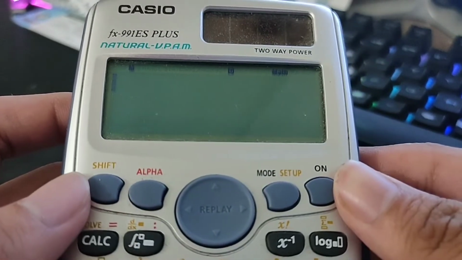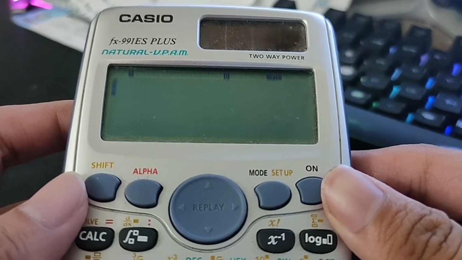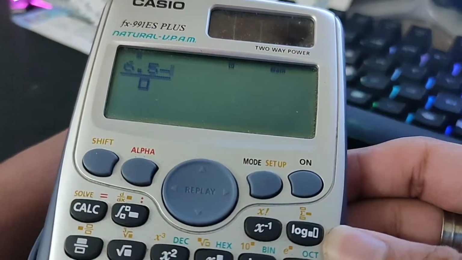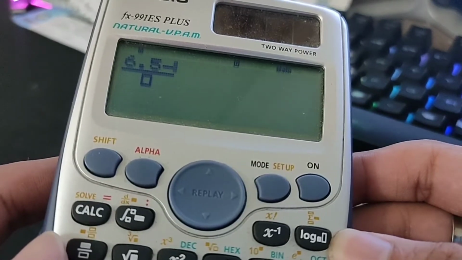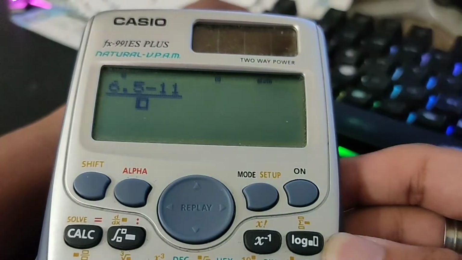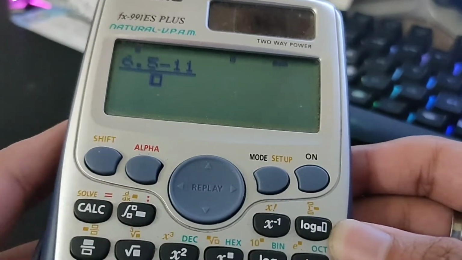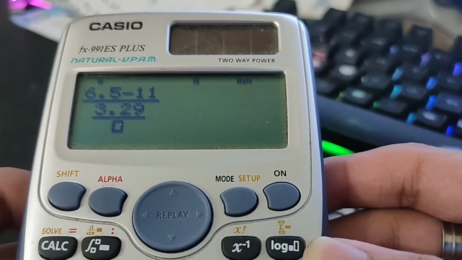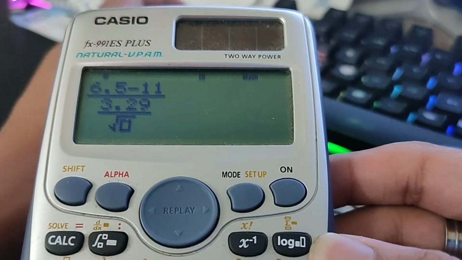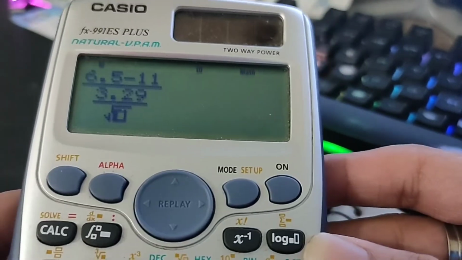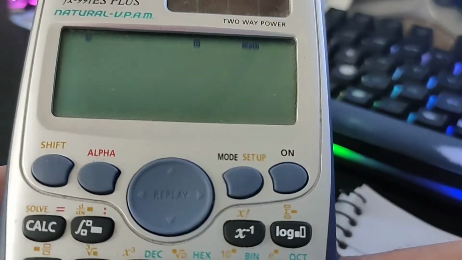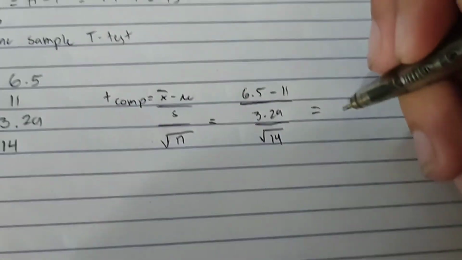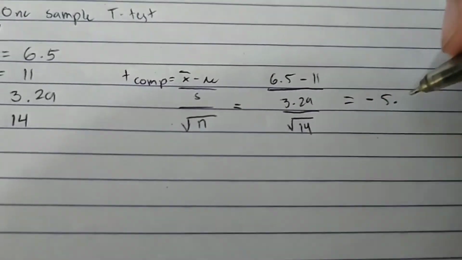First, the sample mean, which is 6.5, minus the population mean, which is 11, over standard deviation, which is 3.29, over square root of number of samples, which is 14, and then press equal sign, negative 5.11. So the value will be negative 5.11.